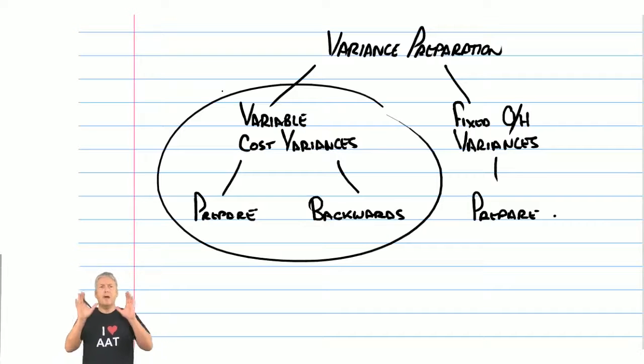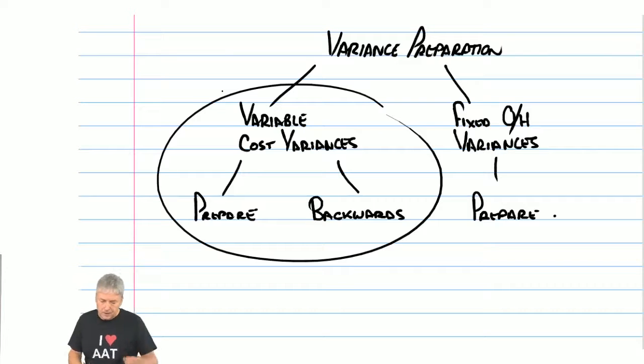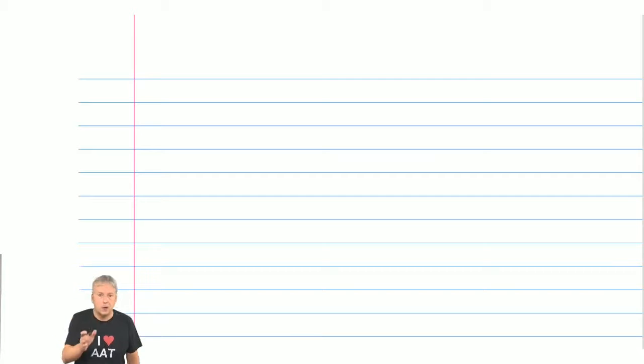So should we go back and just remind ourselves of how we calculate variances? This shouldn't be a difficult thing. It should be something that, as I said before, you have done many times before. But we want a skill that allows us to do it accurately and quickly each and every time.